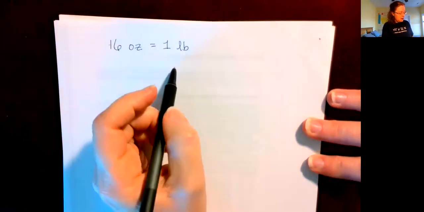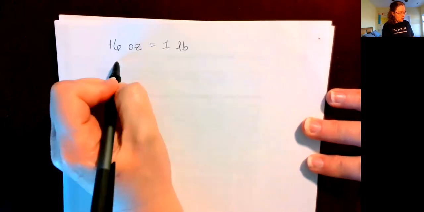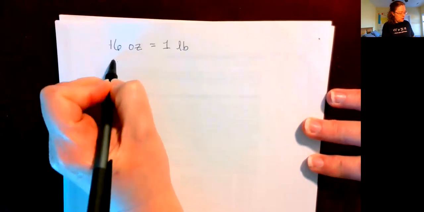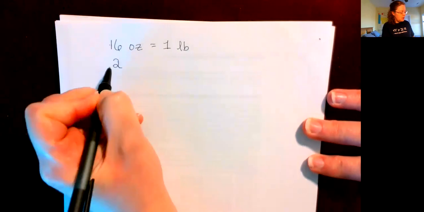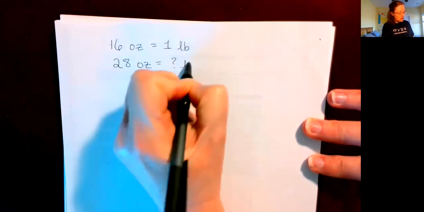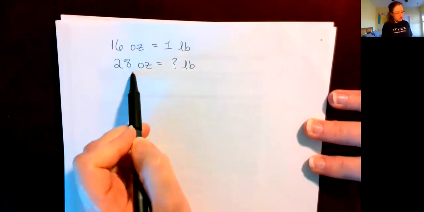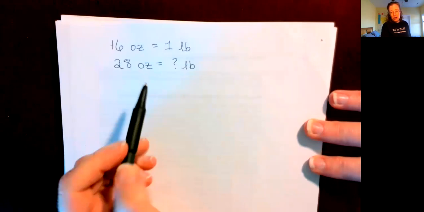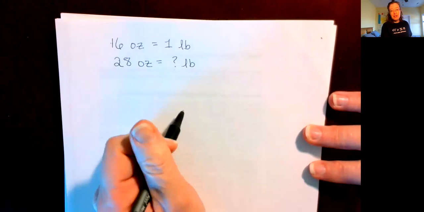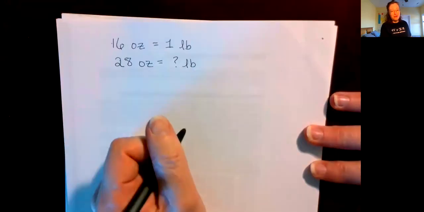And then let's say I'm asked, if we had 28 ounces, I want to know how many pounds that is. This is about double, so it will be close to 2, but if I want an exact number, I'm going to need to set up a proportion, if you didn't like the method that I showed in the other video.